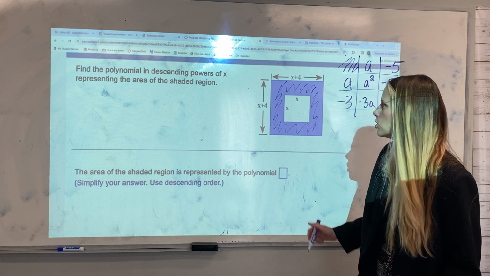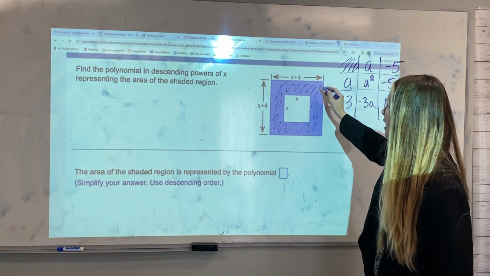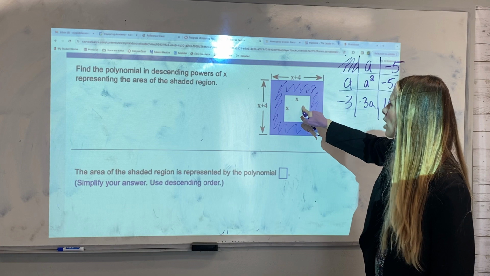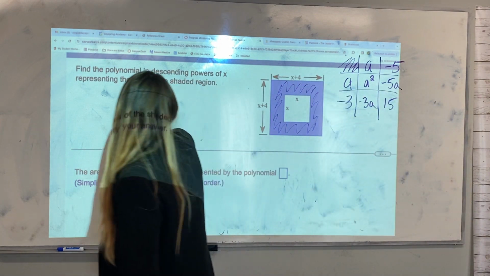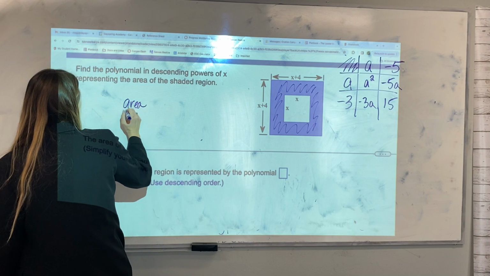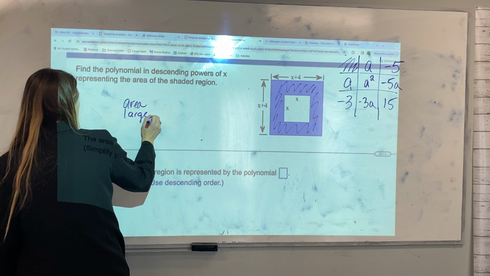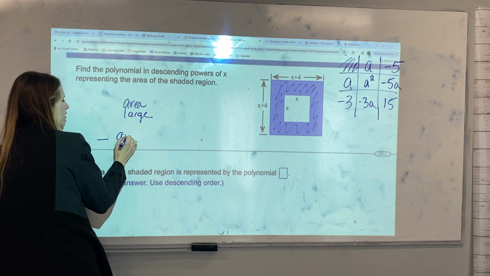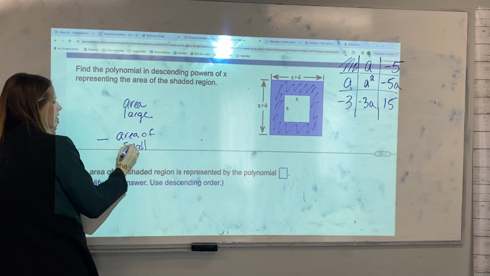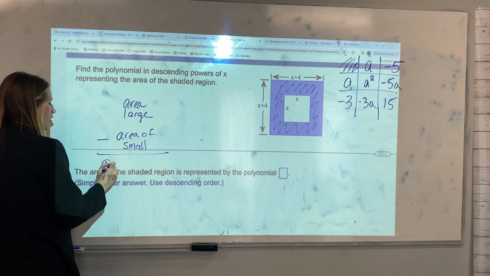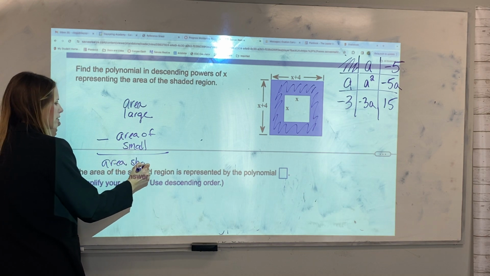You subtract. So I'm gonna take the total area and I'm gonna subtract the inner square, okay? So I'm gonna take the area of the large square and then subtract the area of the small square to get the area of the shaded region.